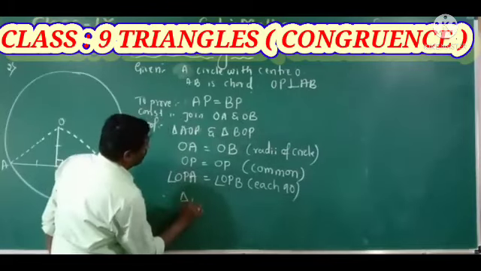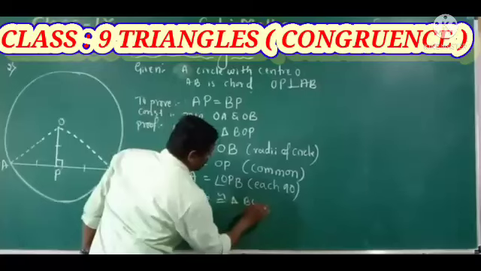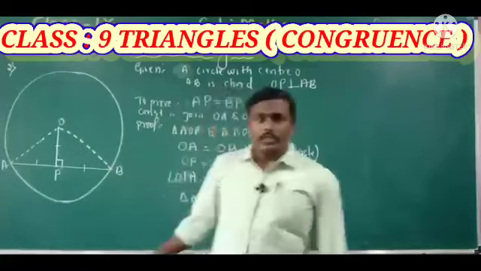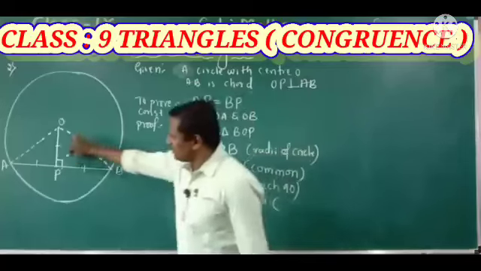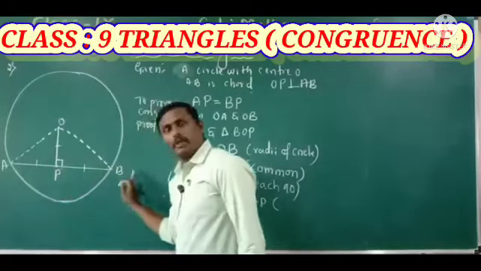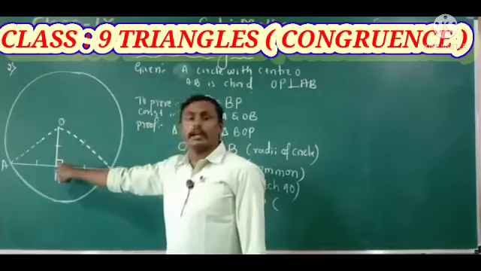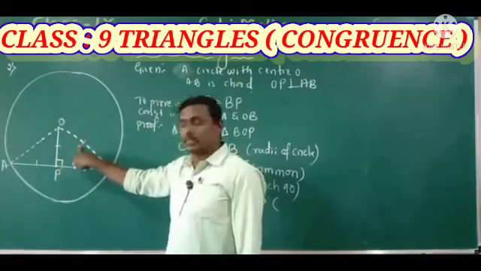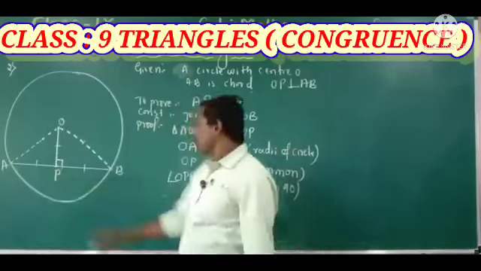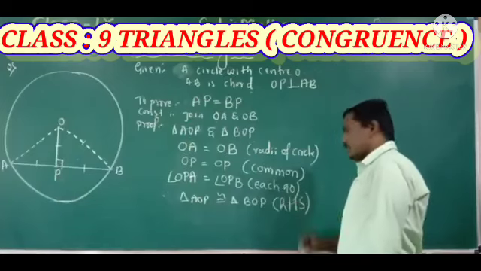Therefore, triangle AOP is congruent to triangle BOP. By which criteria are we using here? If angle OPA or OPB is 90 degrees, the side opposite to the right angle is always the hypotenuse. So OP is one of the sides of the right angle triangle. It means here we are using the RHS criteria.